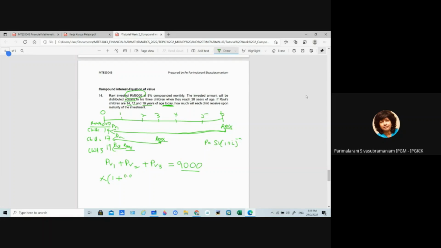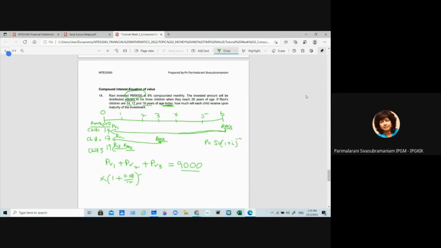So 0.08 over 12) to the power of negative what for the first child? Negative 72. 72.